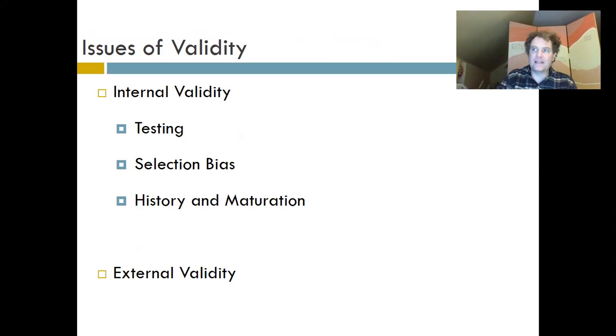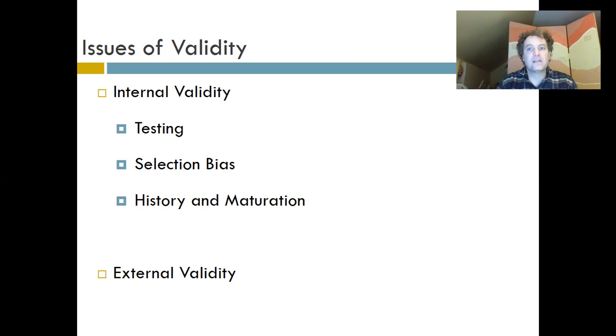The second problem is external validity. This is more theoretical or conceptual. Here the problem is not that the experiment got messed up, but whether your experiment reflects the outside world. Does what happens in the lab accurately reflect what's going on with people out in the world? There's not a specific thing like testing or selection bias; external validity is more of an abstract problem.